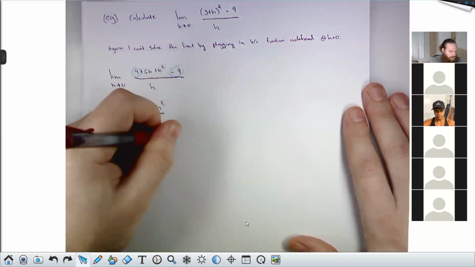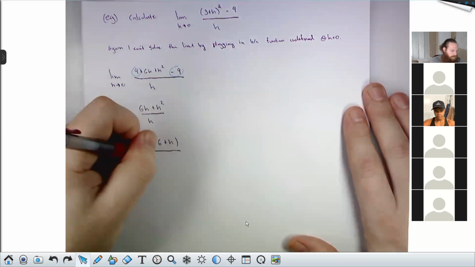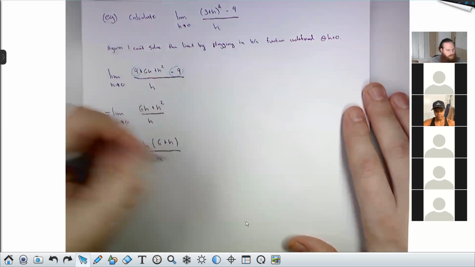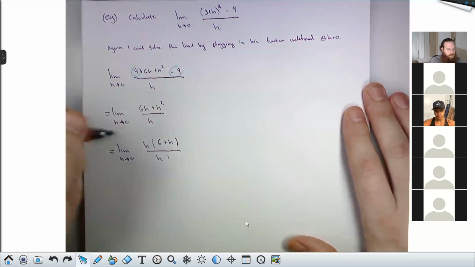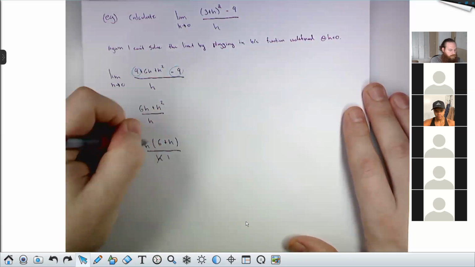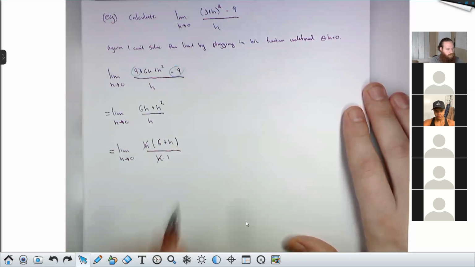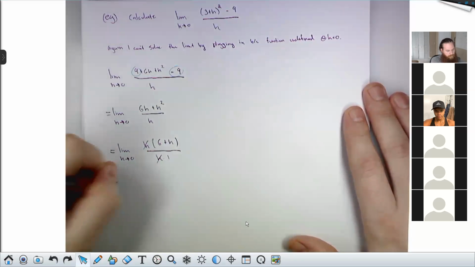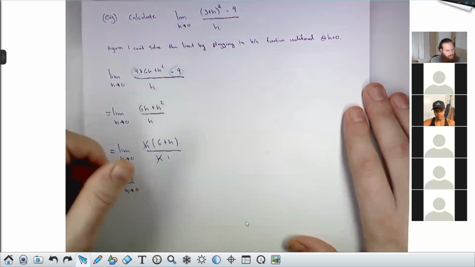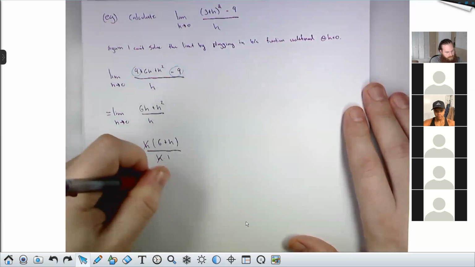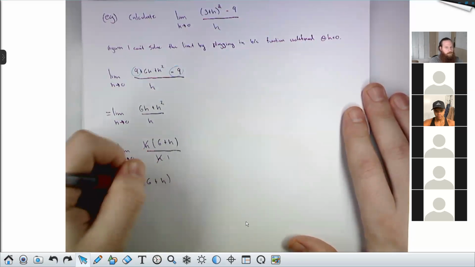When we factor out h from the top, we get h times (6 plus h), and the bottom is h times 1. Writing that 1 is just to remind us that when we cancel, the bottom doesn't become 0, it becomes 1. And what I'm left with is the limit as h goes to 0 of 6 plus h over 1. I won't write the over 1 in this line.